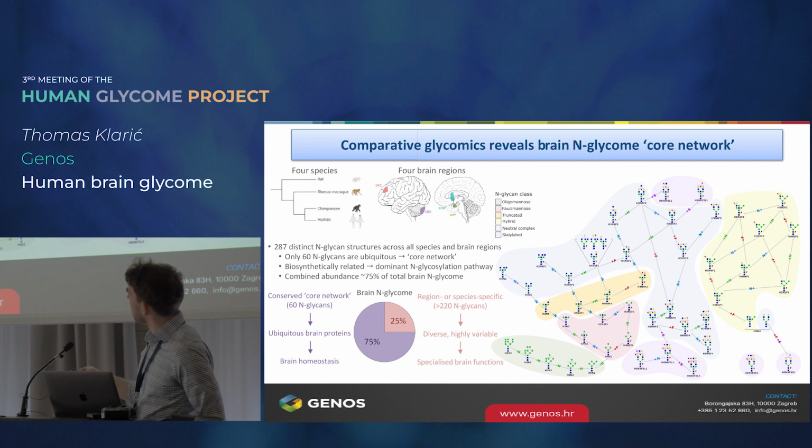And we hypothesize that they're expressed by ubiquitous brain proteins involved in brain homeostasis and keeping things in the brain ticking over. And that leads us to this model where the other 25% of the brain N-glycome is much more diverse, many more structures here, and we suspect that they're involved in regional species-specific functions.